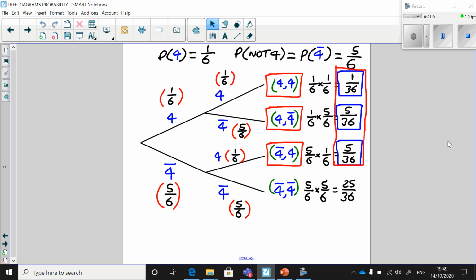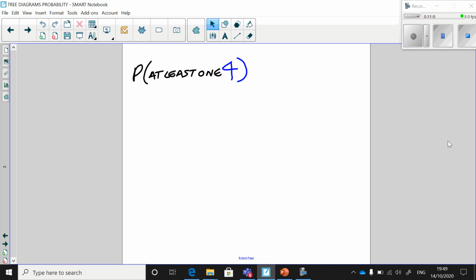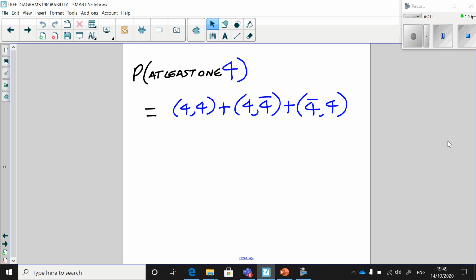So I've just highlighted them there. I'm going to sum them, so add them up. So at least one 4, and just taking the notation that we were using there in the tree diagram: 2 4s, a 4 and not a 4, not a 4 and a 4, but in each of them there is at least one 4.